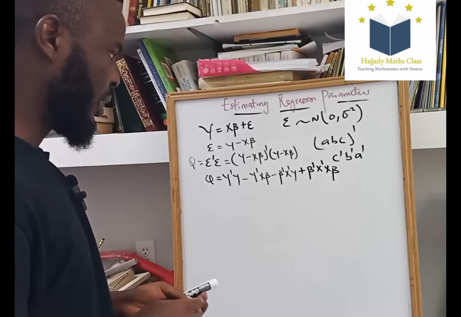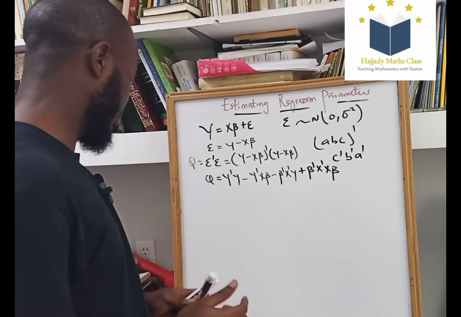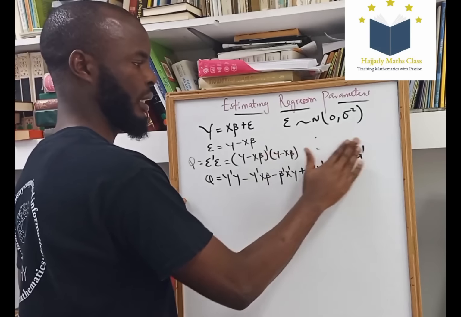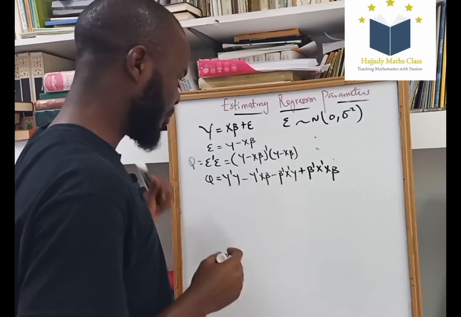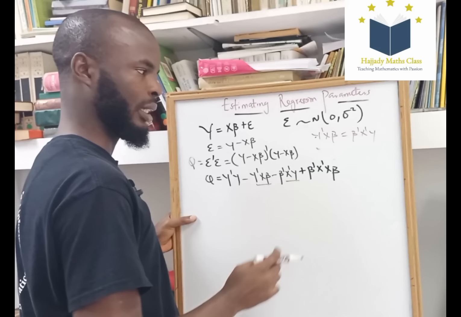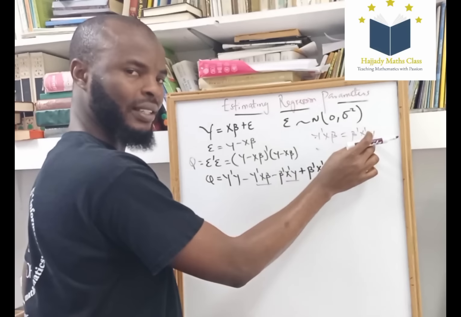So there's another thing we need to take note of, and that is the issue of transpose. Looking at these two, we're going to see that y prime Xβ, if this is being transposed, is going to be the same thing as β prime X prime y. That shows that the transpose of this is the same thing as this.